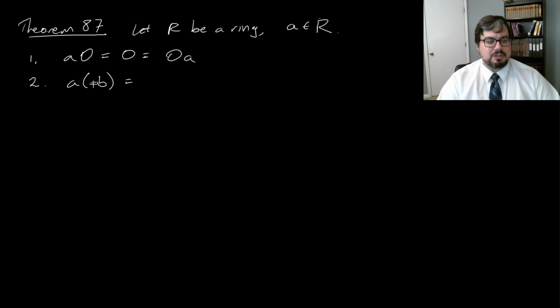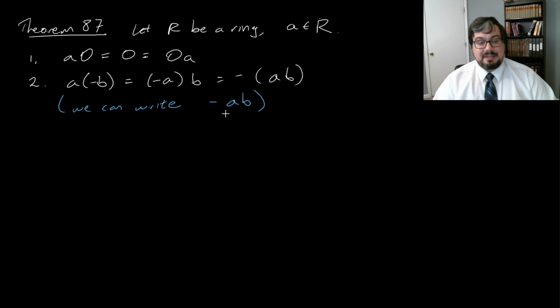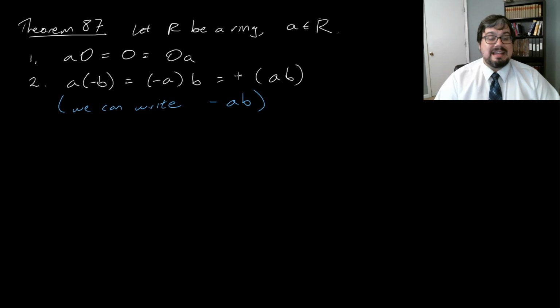Right now we're talking about the additive inverse of b, or negative b. That's the same as if I attach it to the a, and it's the same as if I put it on the outside of the whole thing. So in particular, this is why we can write, although we'll often want to be more precise than this, negative ab without putting any parentheses on, and it means any one of these three because they're all equal.